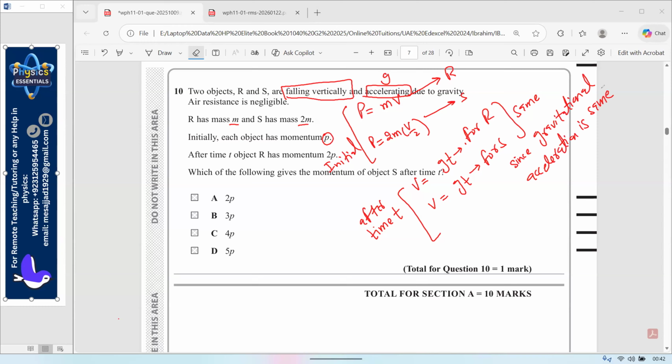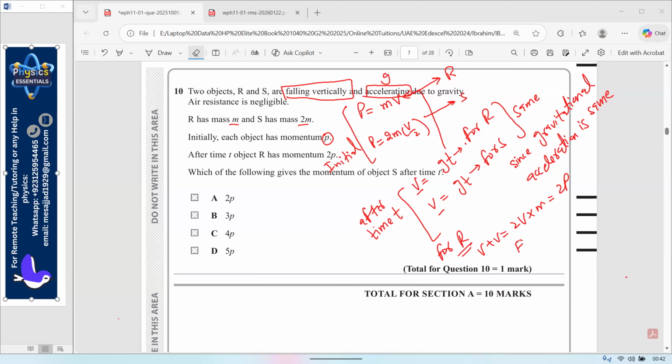Now that is the speed which has been added to the given speed. So you can say this is v and this is v. So for R, the speed becomes v plus v. It becomes 2v. So 2v into mass, it becomes 2p, right?